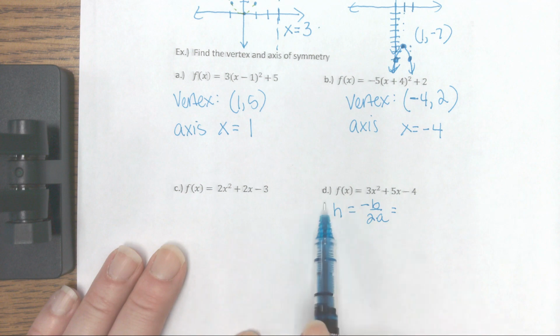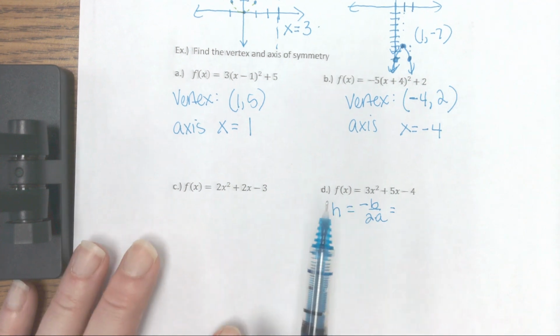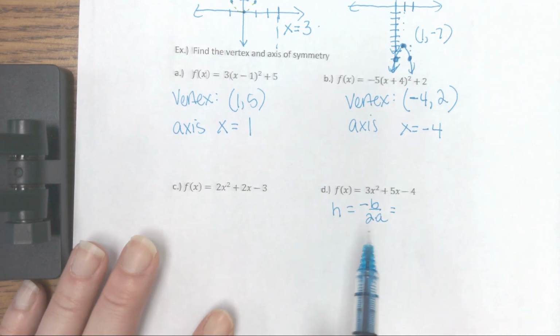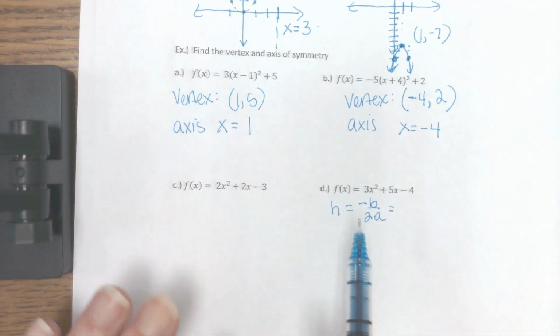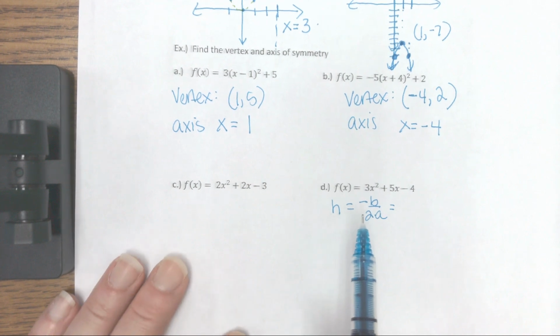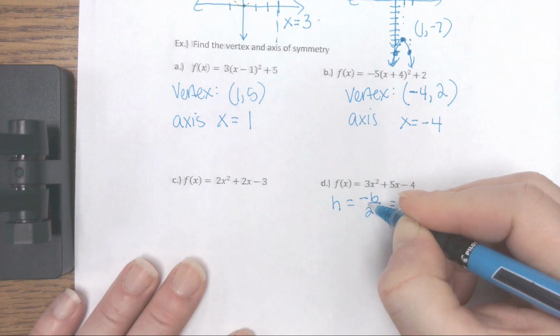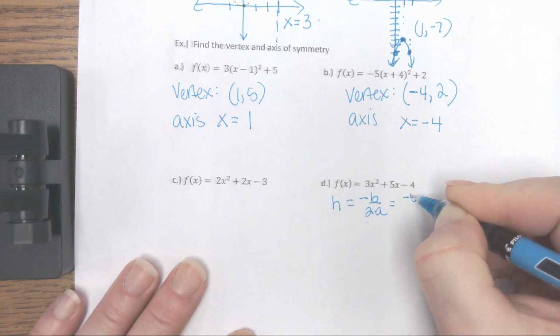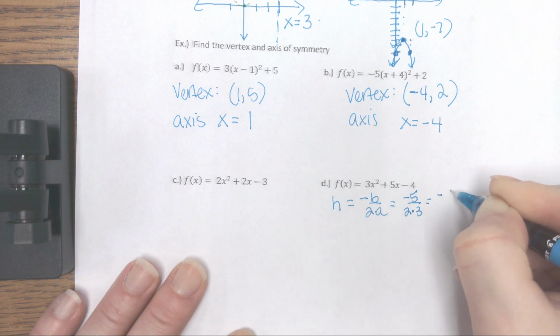Let's do this on D. I don't want to do completing the square on D because it's a huge, big old mess. So we're going to use completing the square on A. It's 5, so I make it the opposite. So this would be -5 over 2 times 3. So -5 over 6.